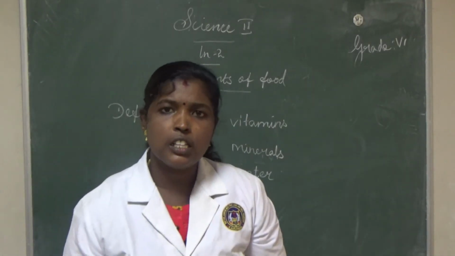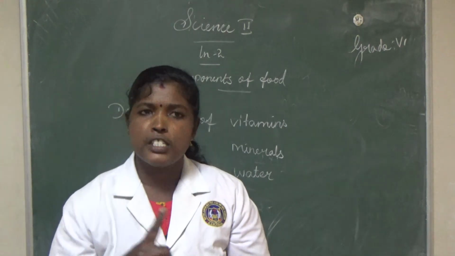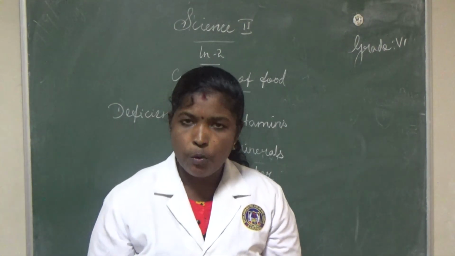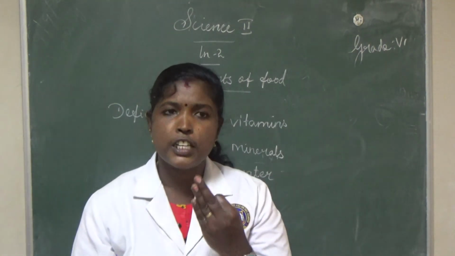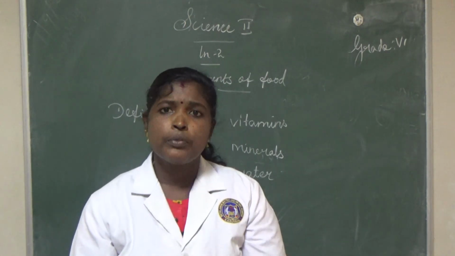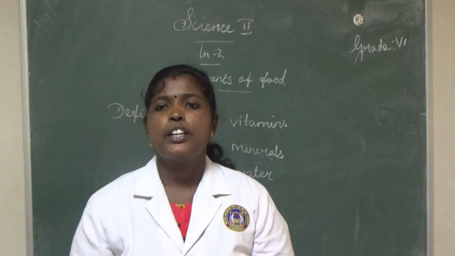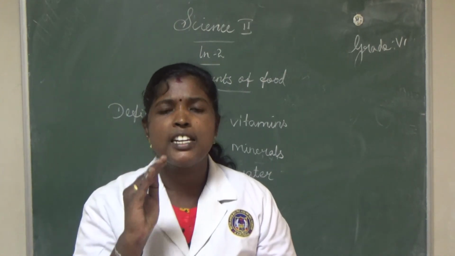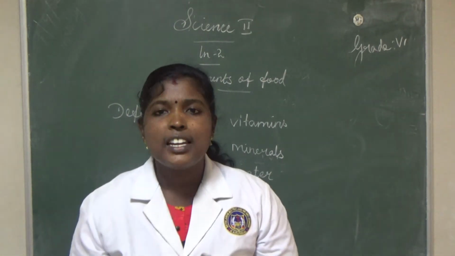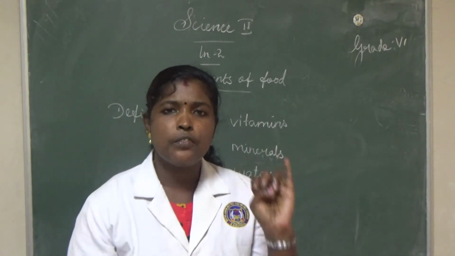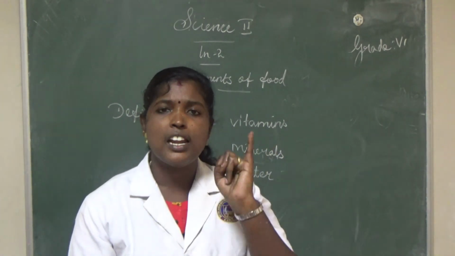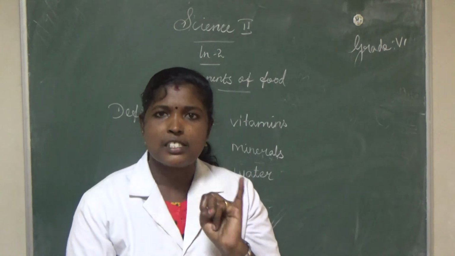Now what are the vitamins we discussed here? Vitamin A, vitamin B1, vitamin B2, vitamin B12, vitamin C, vitamin D and vitamin K. Deficiency of vitamin A leads to night blindness.